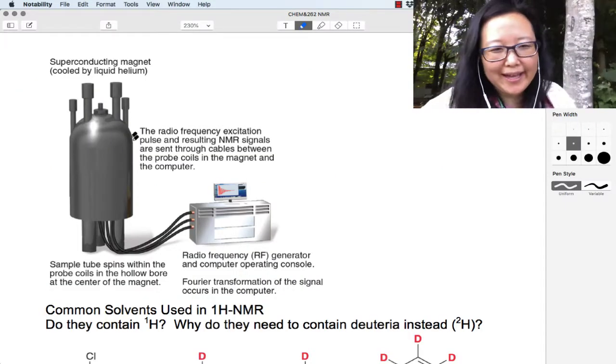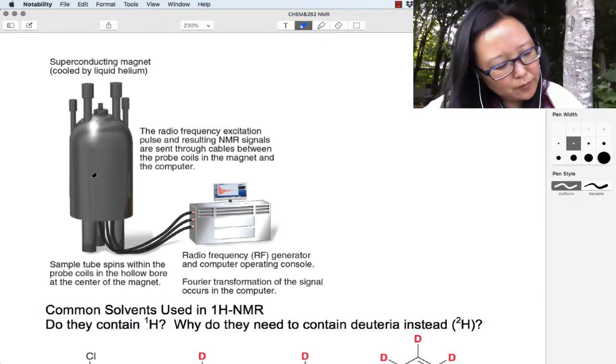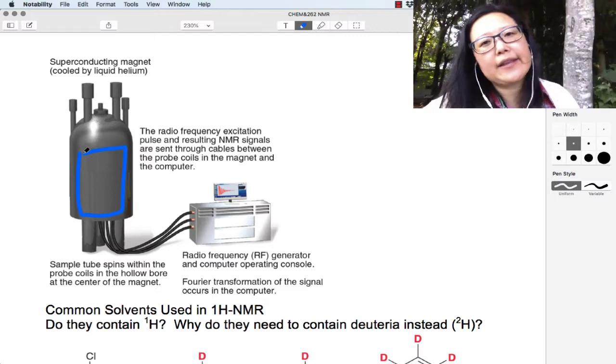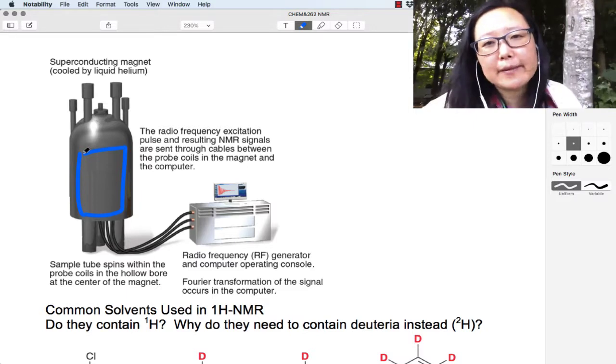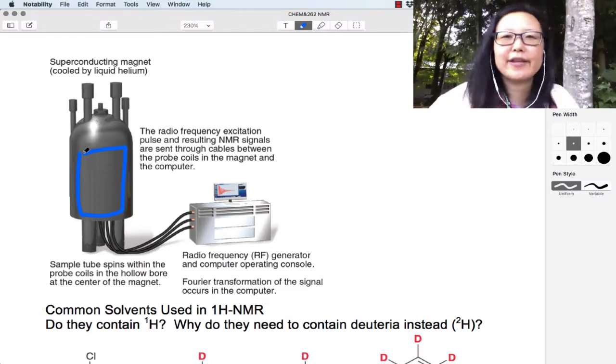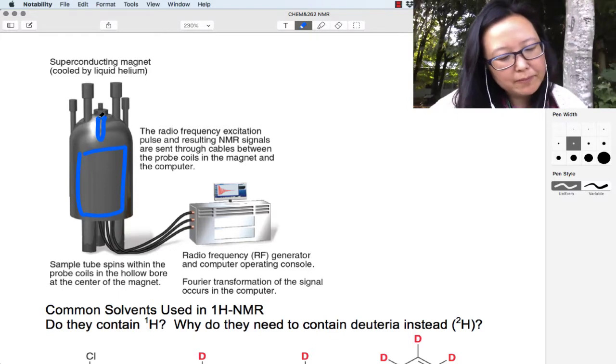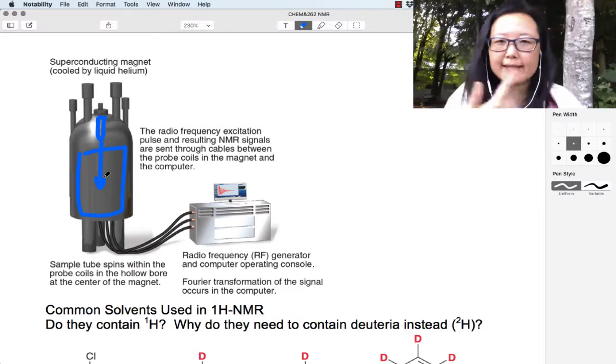So here's how we do that. We have an instrument with a very powerful magnet in here, usually about 1,000,000 times the strength of the magnetic field of the Earth, okay? And that magnet has a hole in it, and so you have a sample tube with the molecules you're interested in analyzing that goes into the magnet, and it spins.